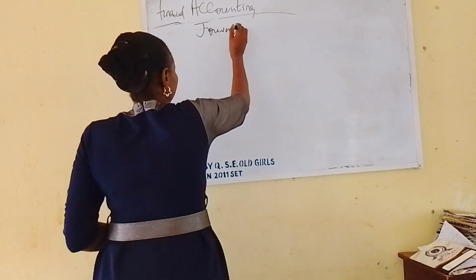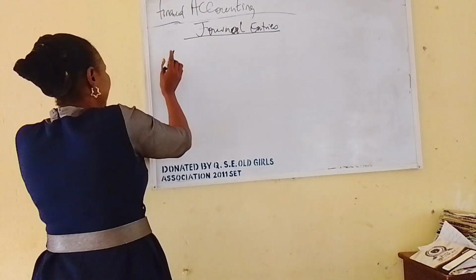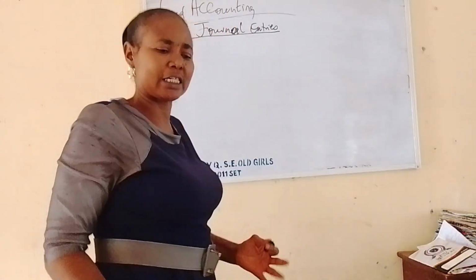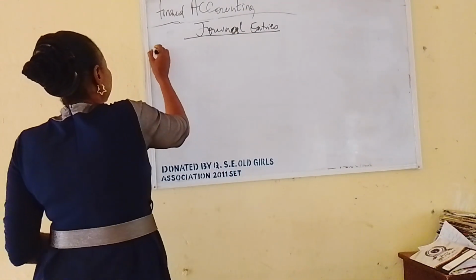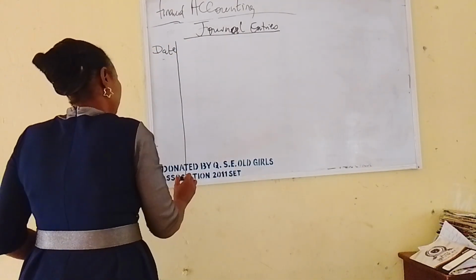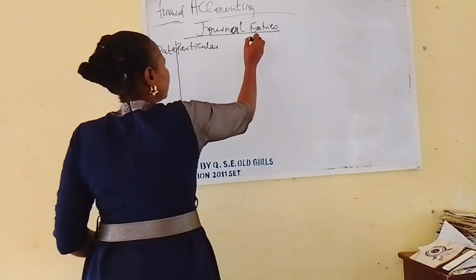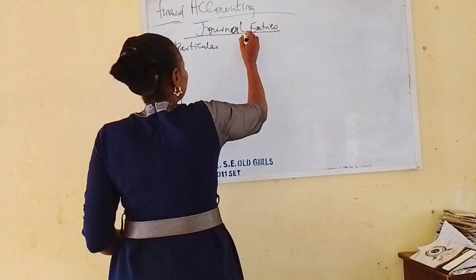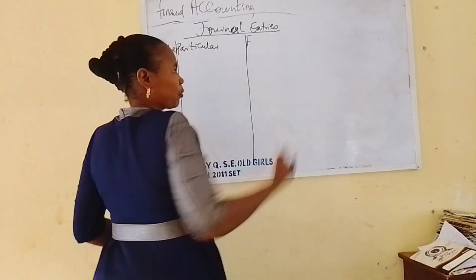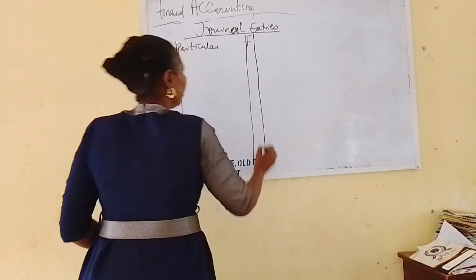Look at the line: dates, particulars, folio, or some people write it as ledger folio, but I like using folio.